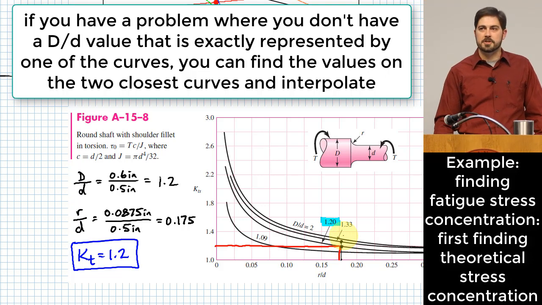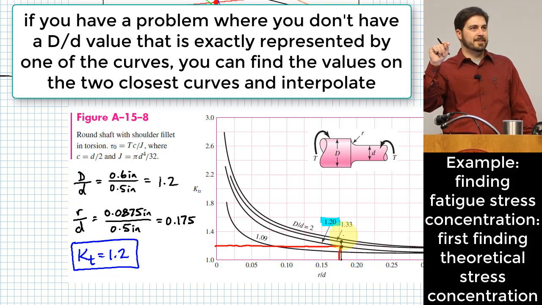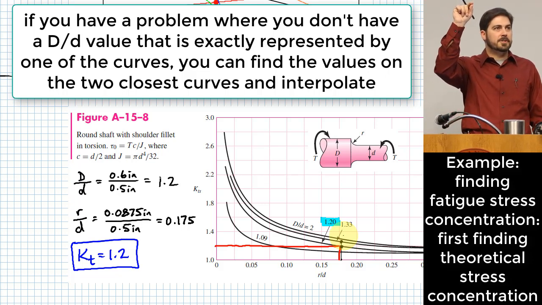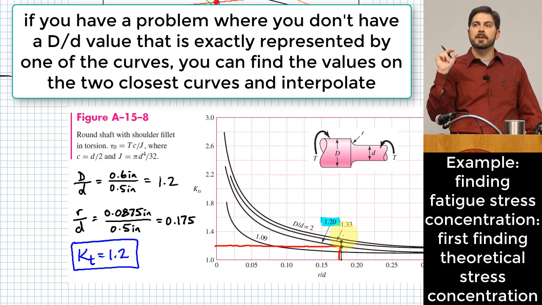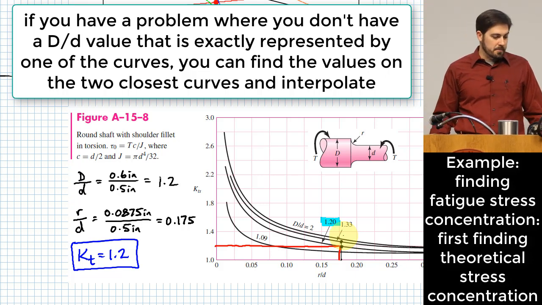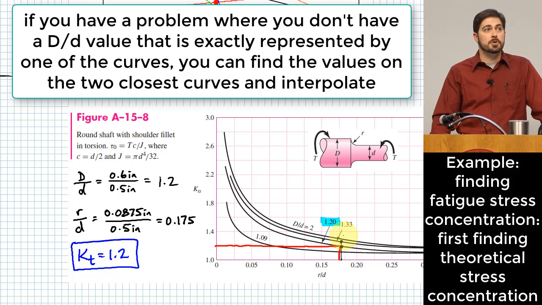Right? You would need to read two different points. You need to read one on the curve that's below the value that you actually have and the one that's above the value that you actually have, and then do linear interpolation to figure out where between those two values you really are. Okay? This is something that in your homework problems I sometimes have you do.